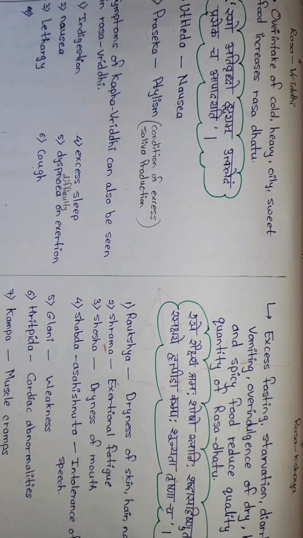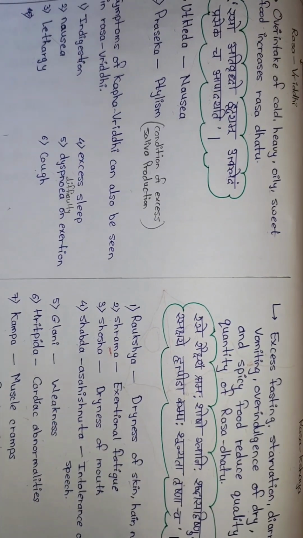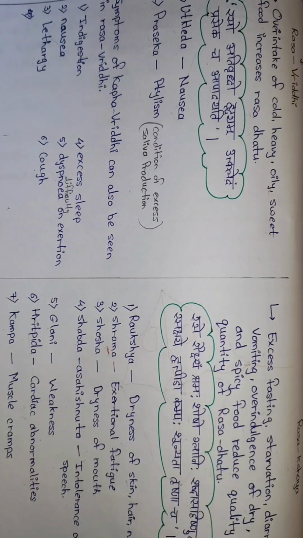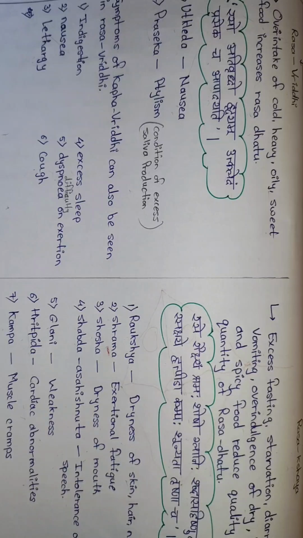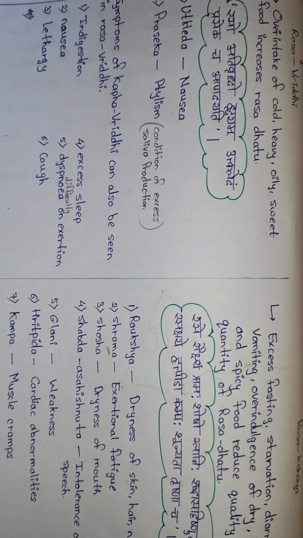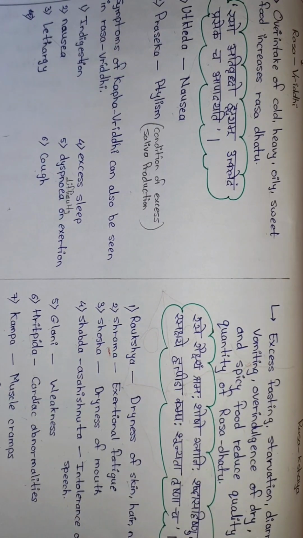Then kampa, muscle cramps. Now you will ask why muscle cramps are seen in Rasa Kshaya, but see, we know that the Rasa dhatu gives nutrients and fluids to each and every cell of the body. In short, it provides nourishment to all the tissues, including the muscle tissues.